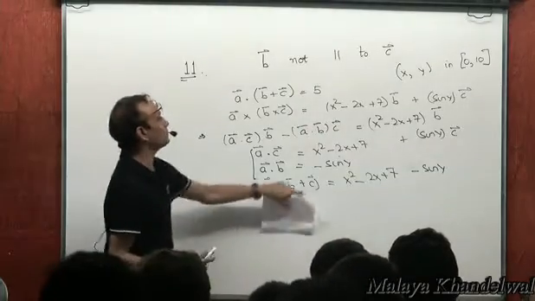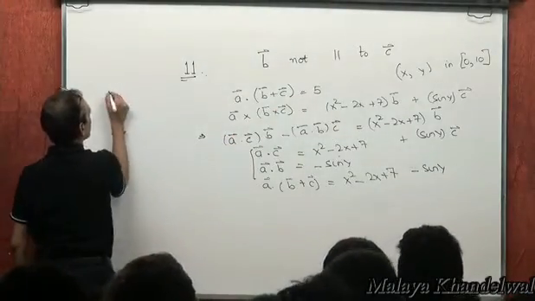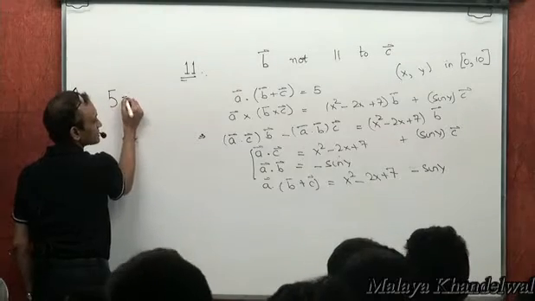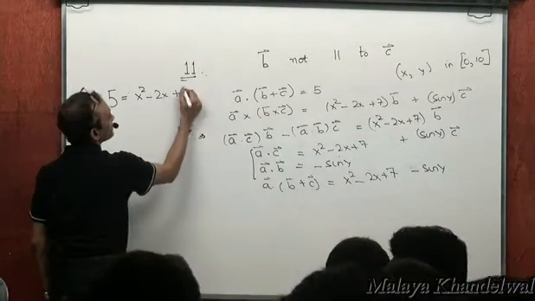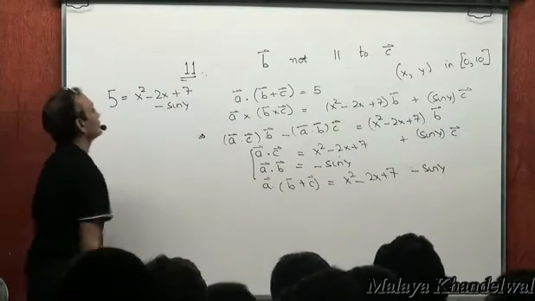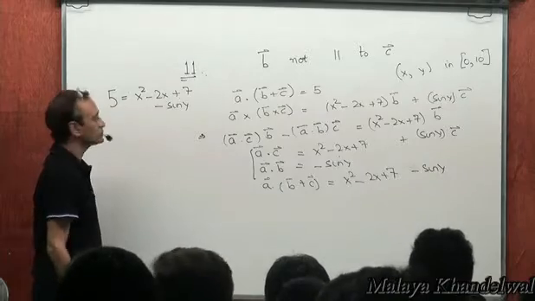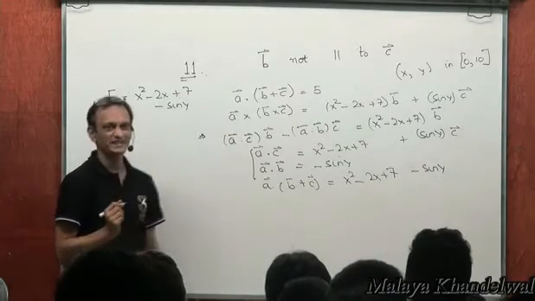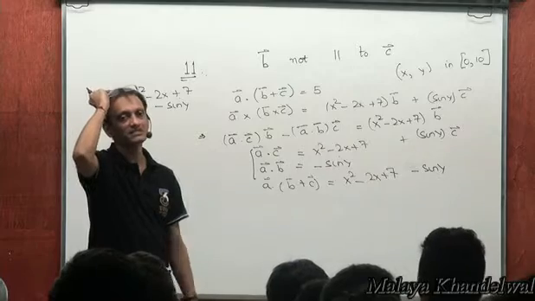But a dot b plus c is 5. So 5 equals x squared minus 2x plus 7 minus sin y. I need to solve for x and y, where x and y belong to 0 to 10. That's given.